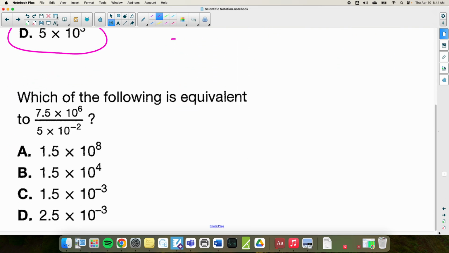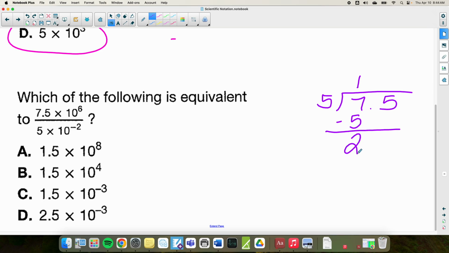Let's try another one. So this one, you almost have to do long division. So let's see if you guys remember this. If I go 5 into 7.5, right? 5 goes into 7 one time, so I put a 5 here, subtract, okay? 7 minus 5 is 2, and then I'm gonna bring my, no, I don't have to.